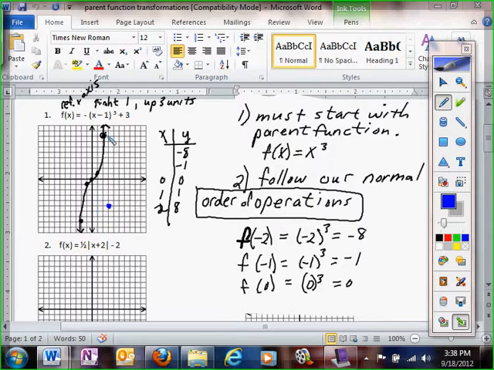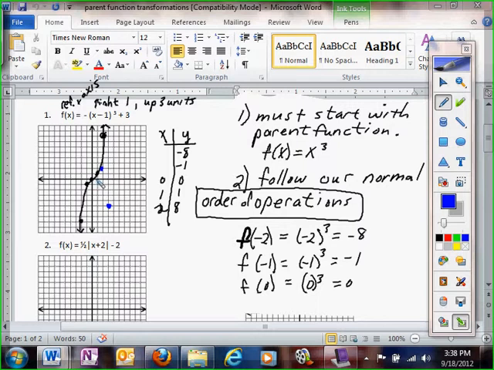So I'll go right 1, reflect in the x-axis, so that's 8 below, and then up 1, 2, 3 units. And then the next point, right 1, reflect in the x, up 3.